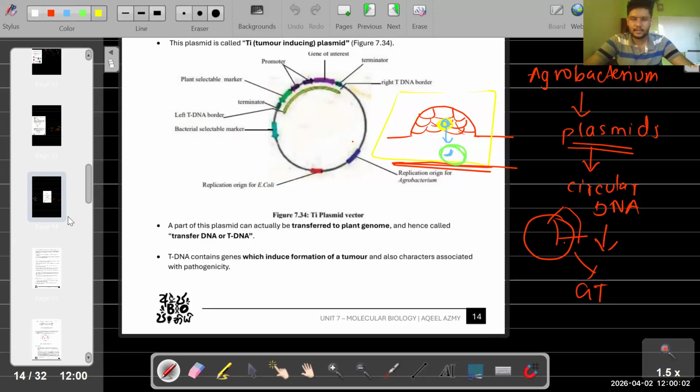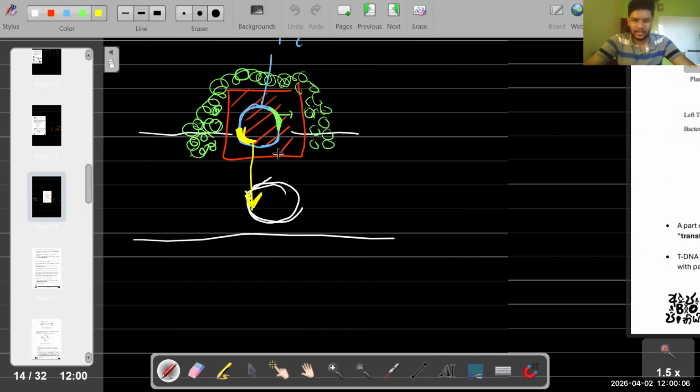There are two sequences. Here also they have given yellow. In my structure also I have given the yellow. Now simply what they are trying to convey is this transfer DNA to be transferred into the plant genome requires two sequences: right border sequence and left border sequence. There are two sequences that should be present. Correct? Is it clear?